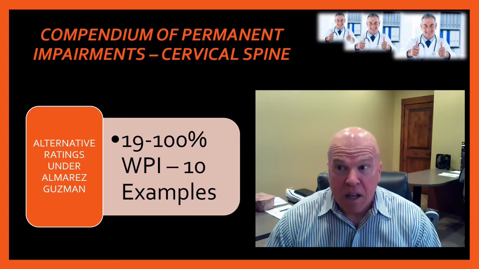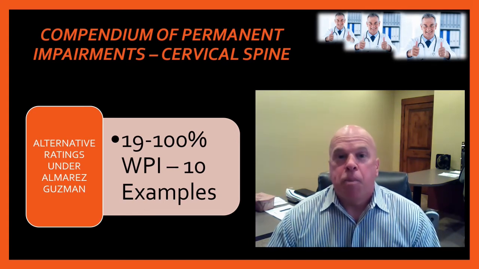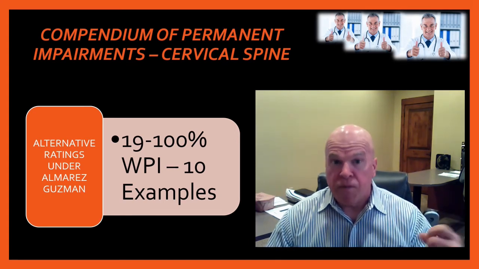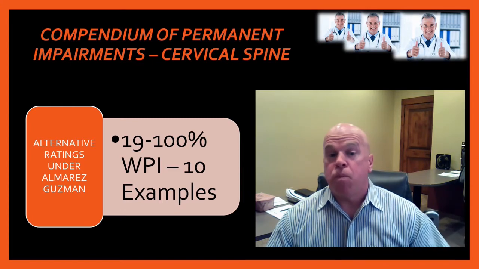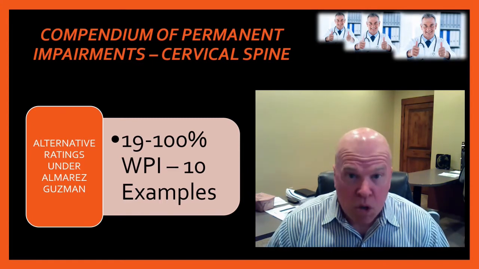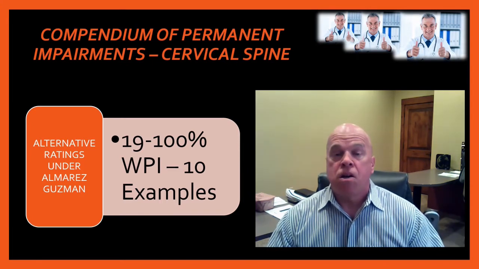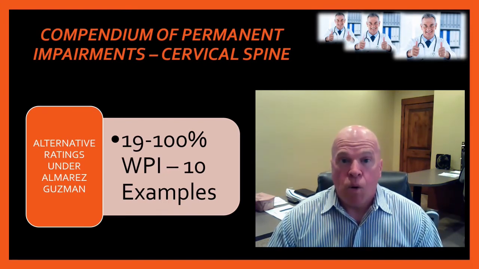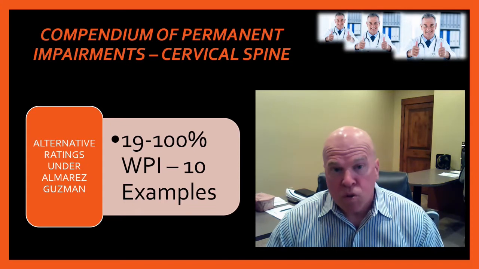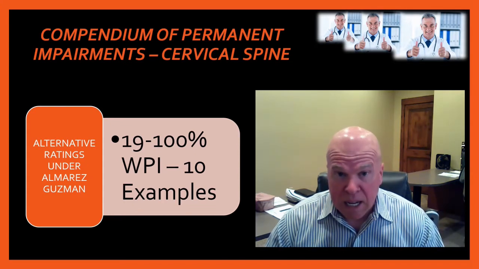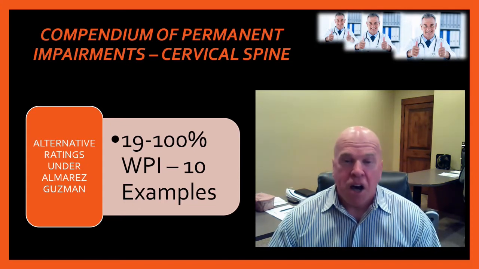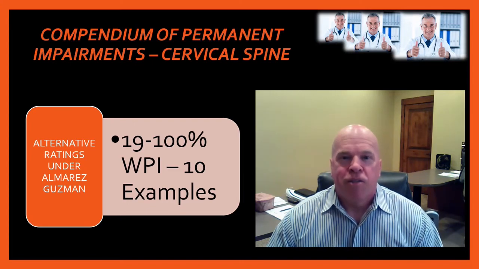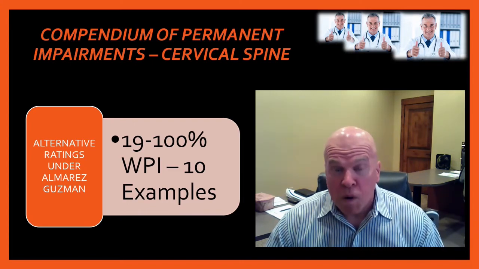You simply can select a permanent impairment rating from the 40 DRE examples, from the 10 range of motion examples, or from the 10 alternative impairment rating examples, and find out which of those most closely describe your examinee, and then simply cut and paste the argument from the compendium into your report.